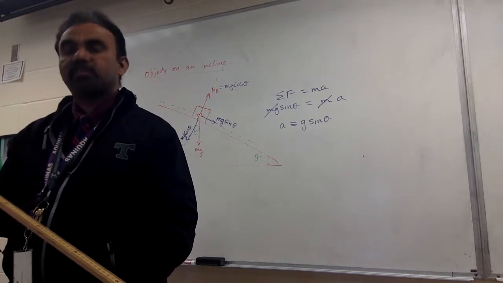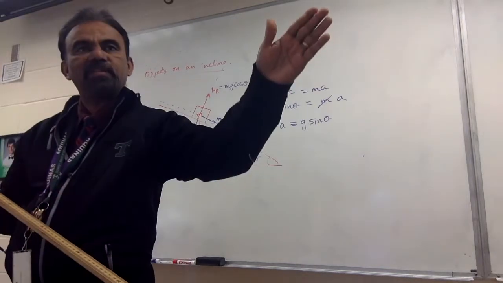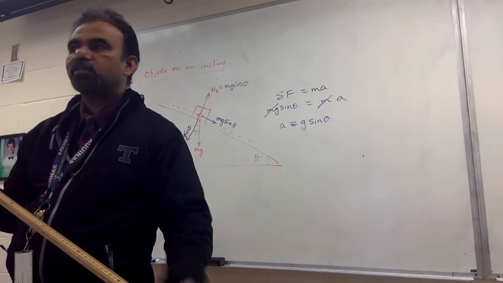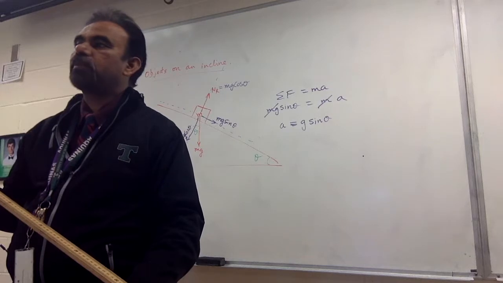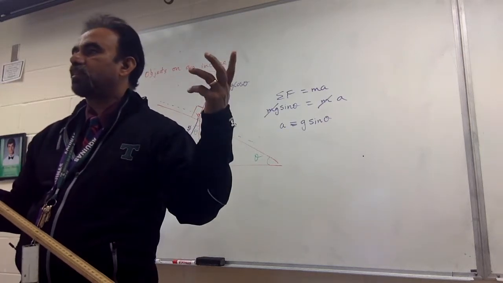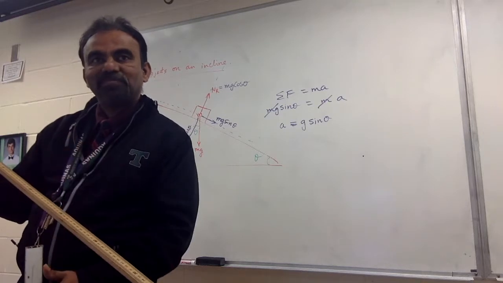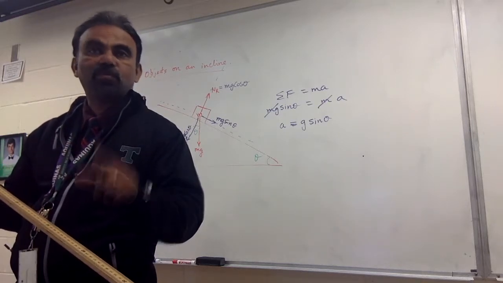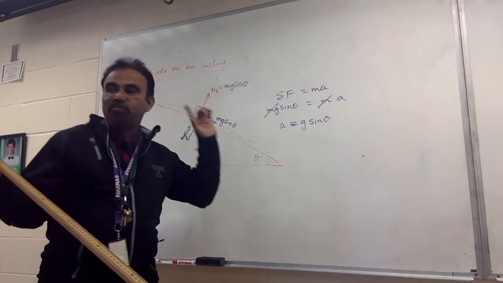So if a question is asked, what takes the bicycle down on its own? What is the thing that is taking it down? Many students say the weight of the bicycle, gravity. Gravity is downward though. It's only a component of the gravity. What component of gravity? The sine component of gravity, right?